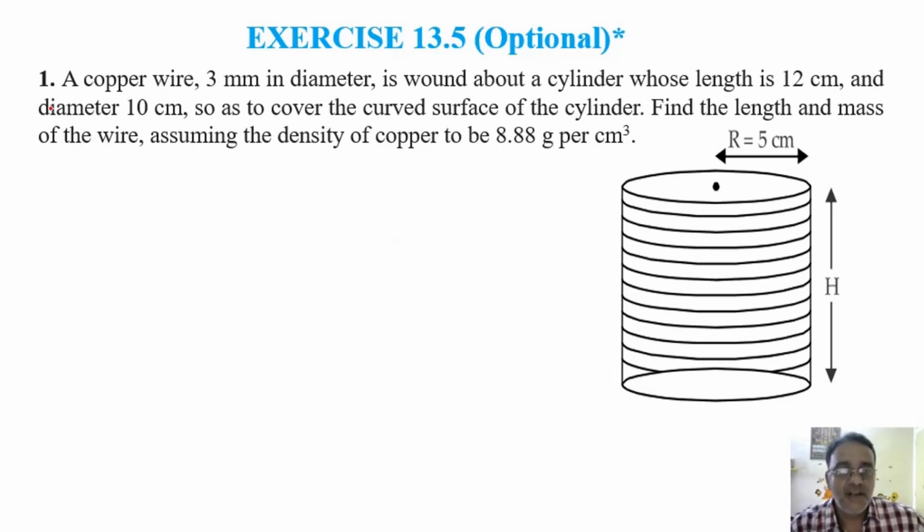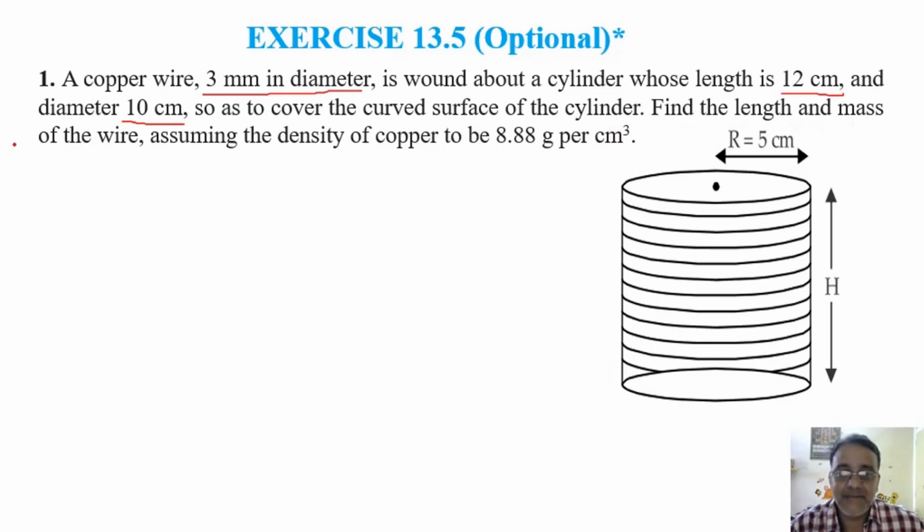The question is, a copper wire 3 millimeter in diameter is wound about a cylinder whose length is 12 centimeter, and the diameter is 10 centimeter, so as to cover the curved surface area of the cylinder.